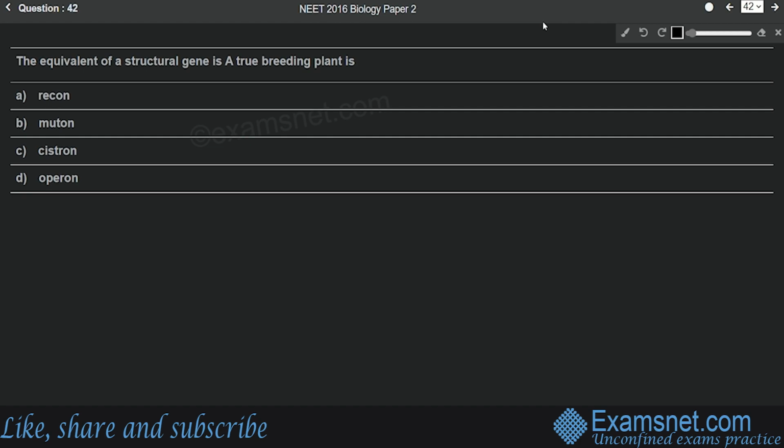Question number 42 is from the chapter Molecular Basis of Inheritance, and the question is the equivalent of a structural gene is. Options are recon, muton, cistron and operon. So what is a gene? It is the basic unit of heredity that is passed from parent to child.